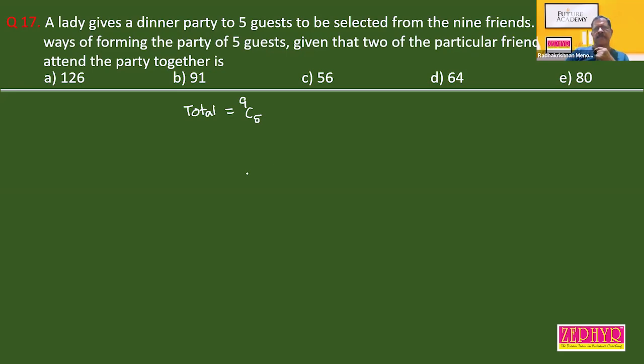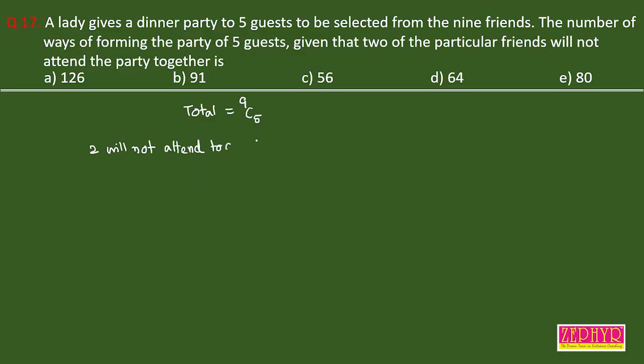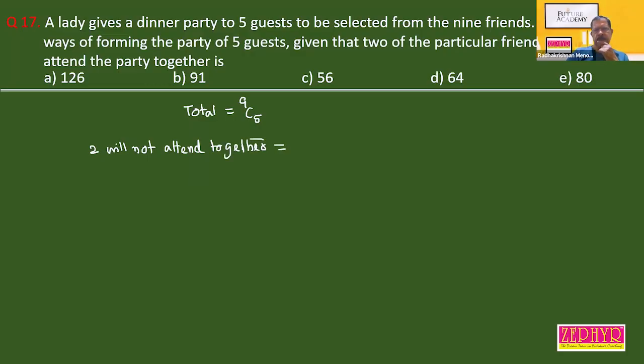It is just like 2 letters will not appear together. Same way. Okay? 2 will not attend together. Sir, it is 91. Yeah, correct.